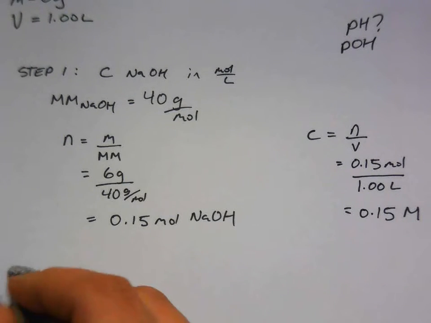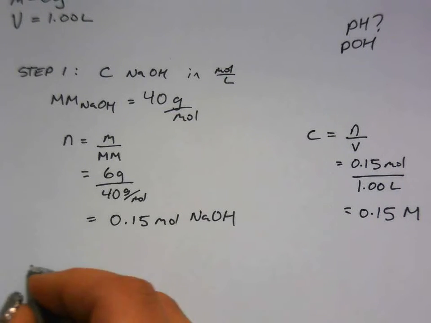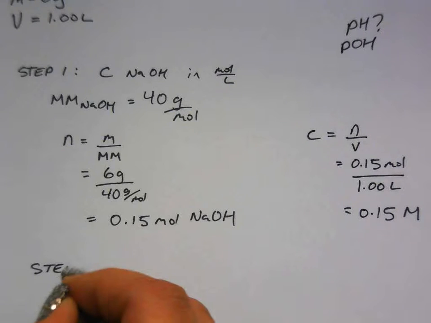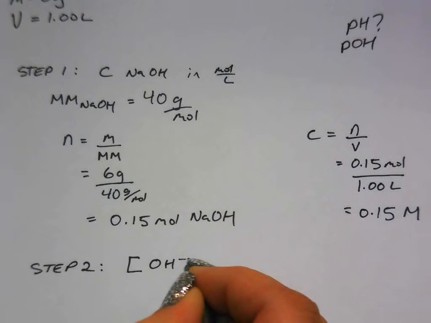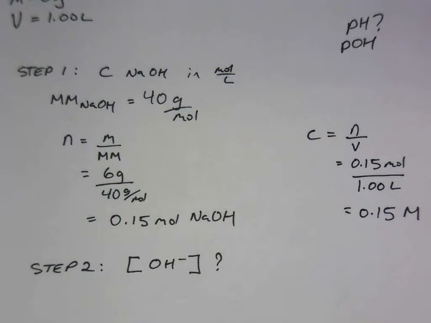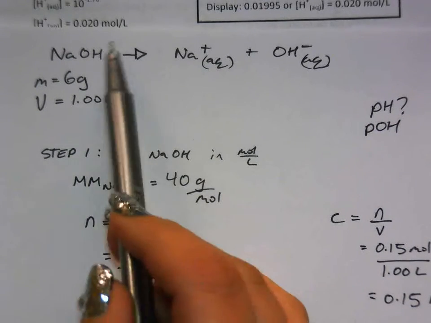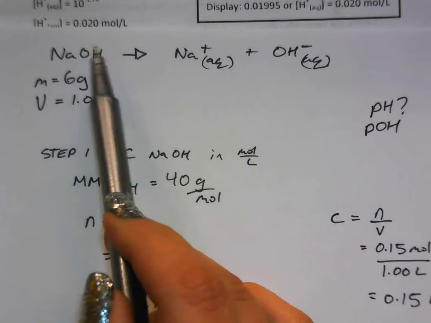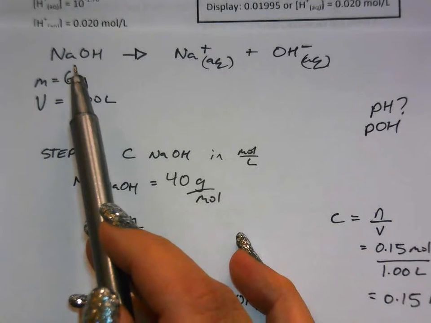Step 2. I want to know what the concentration of hydroxide is. I can take a look at my balanced chemical equation. Every time sodium hydroxide hits the water, it's going to dissociate.